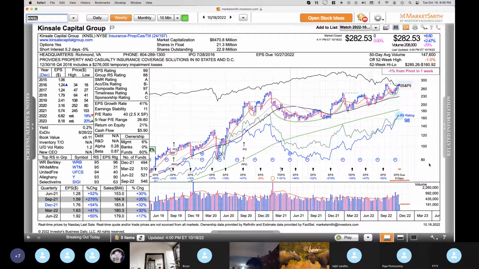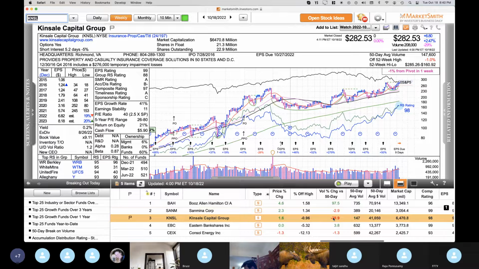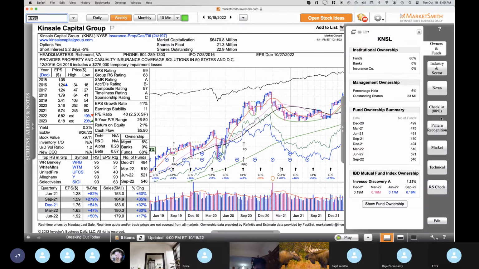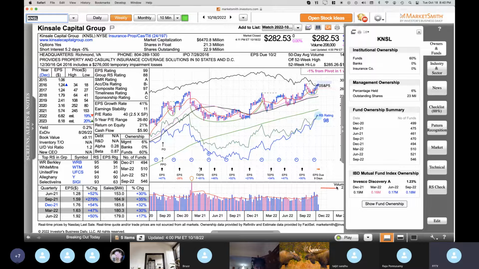Let me double check that because I know it's decent, $41 million per day. And we have one preferred IBD mutual fund. ROE 21%. We got decent double digit earnings, double digit sales, with last quarter at 17%.